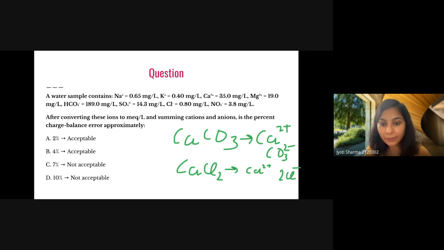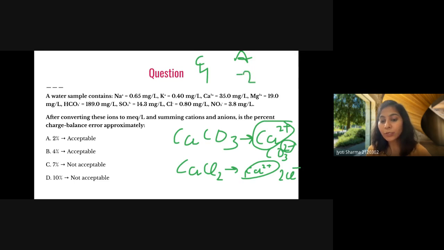If you see calcium and calcium, we have 4 cation charge, plus 2 plus 2, and these are the cations. If we are talking about the anions, this will be 2 minus, so minus 2. And here we have two molecules and one charge each, so this will be again minus 2, so this will be minus 4.